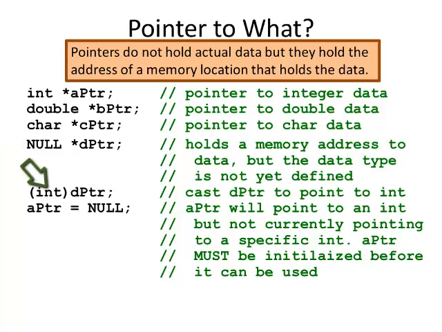One way to solve this problem is to cast D PTR to an integer or double or something else, so that now we will know how to use it and what type of data it's pointing to. Another thing I could do is A PTR equals null, and that means it's like we have a bunch of zeros in there, so we really can't work with memory address location 0, but at least I have a pointer and something's in there. I just can't use it yet.